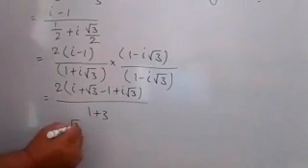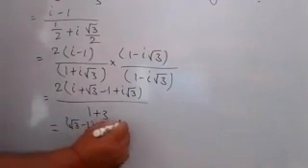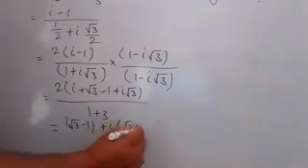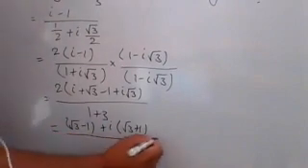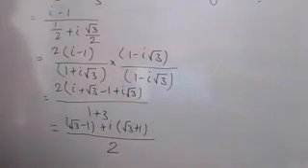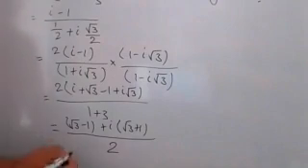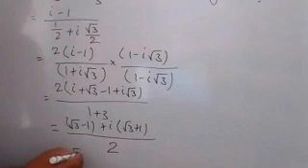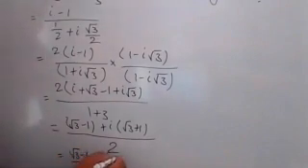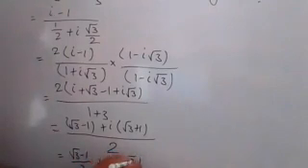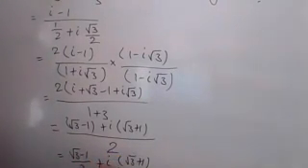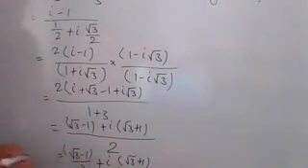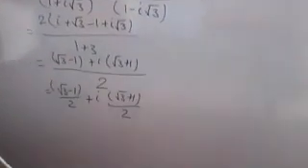That is written as root 3 minus 1 plus i times root 3 plus 1, whole divided by 2. It is also written as root 3 minus 1 upon 2 plus i times root 3 plus 1 upon 2.